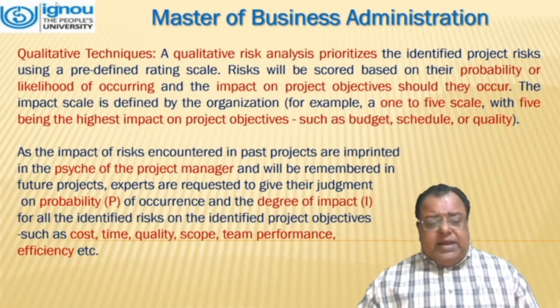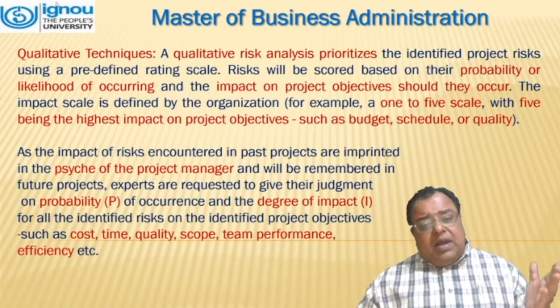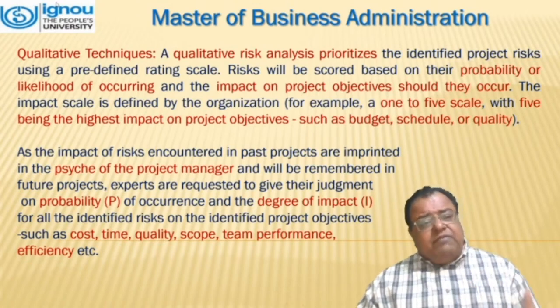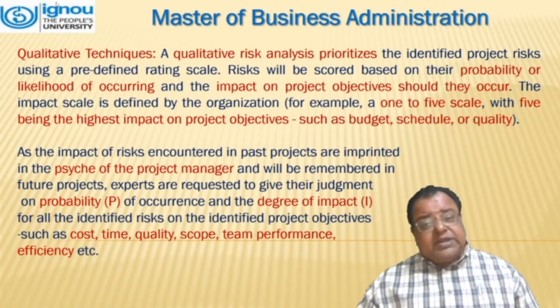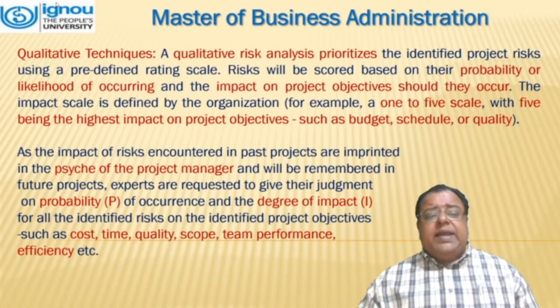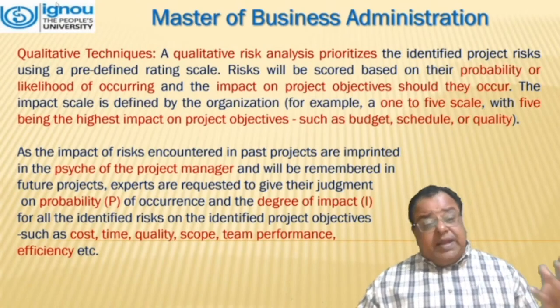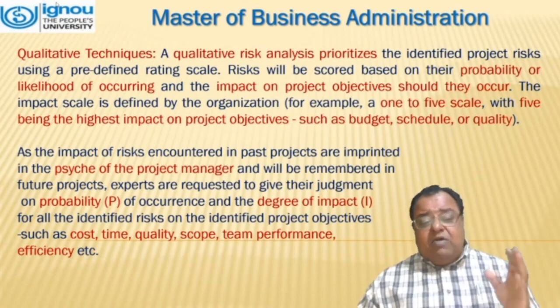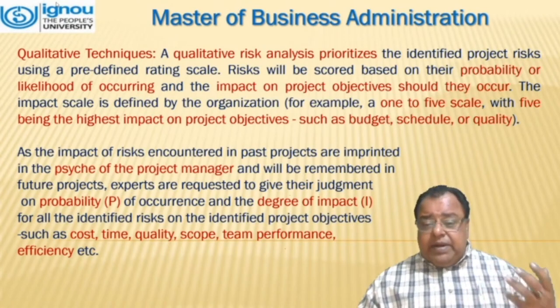The impact scale is defined by the organization, for example, a 1 to 5 scale, with 5 being the highest impact on project sub-objectives such as budget, schedule, and quality. The impact of risks encountered in past projects is imprinted in the psyche of the project manager and will be remembered in future projects.